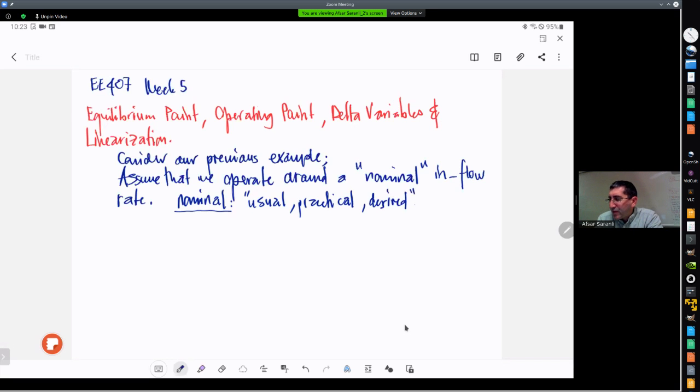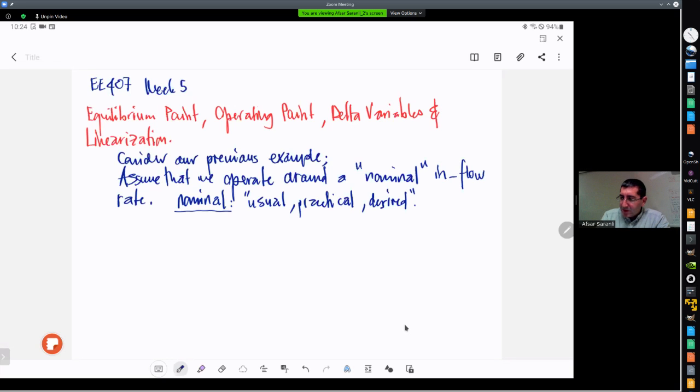So in a plant, for example, the chemical process would have a nominal material processing rate, so that the material inflow will be at a certain rate and the outflow will be at a certain rate, and things will be kind of in equilibrium. Okay, so we call this a nominal inflow rate.